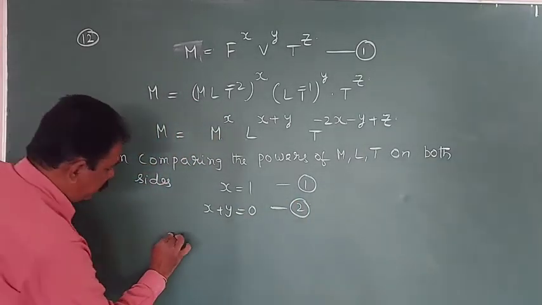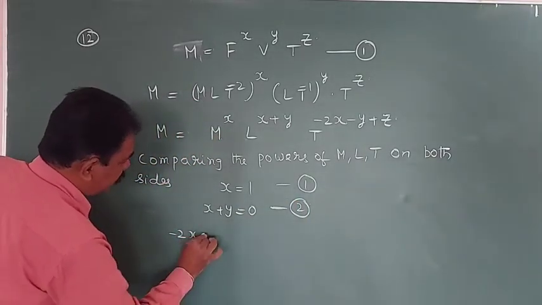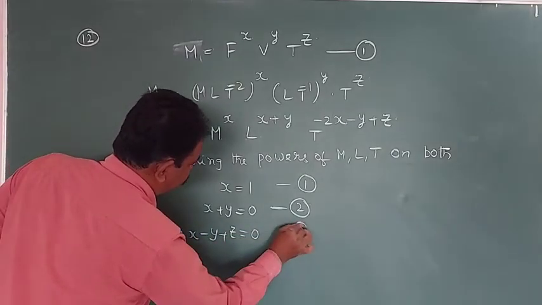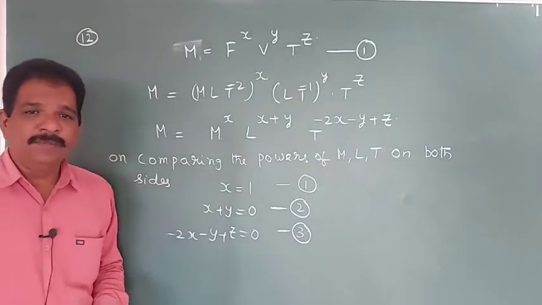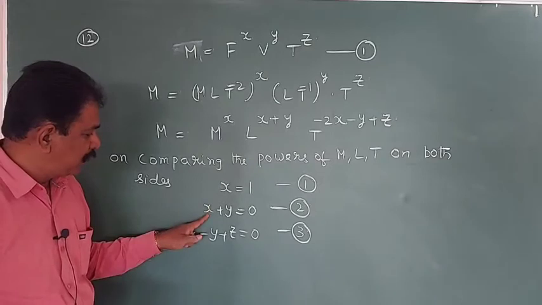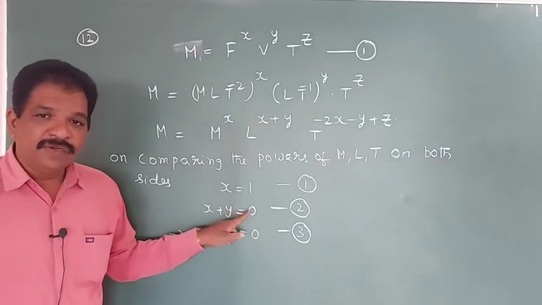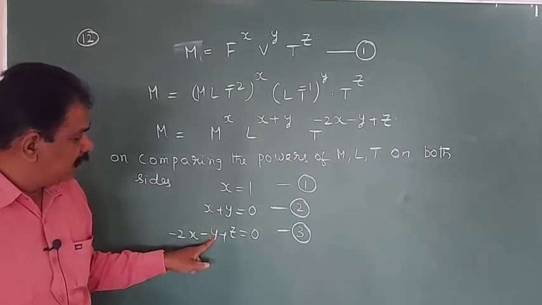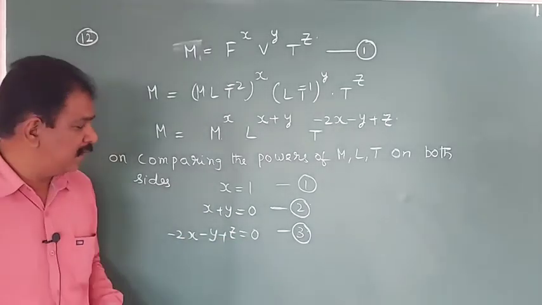Third equation, minus 2x minus y plus z is equal to 0. This will be equation 3. If you substitute x value here, you will get y value as minus 1. Substitute x, y values here, you will get the z value.